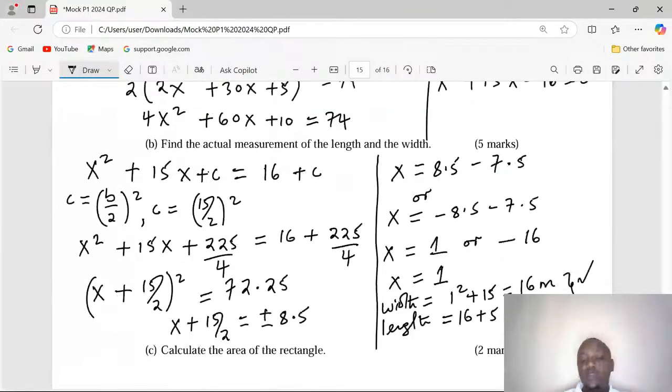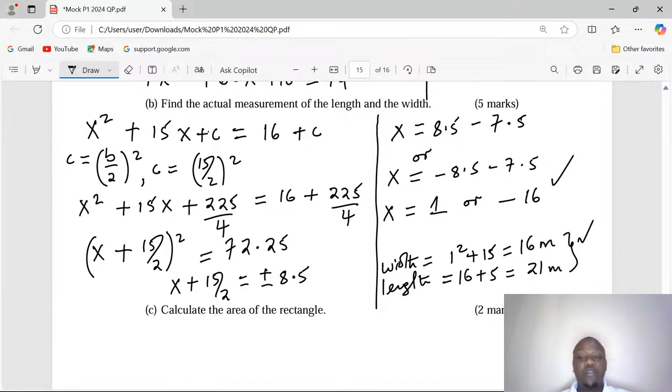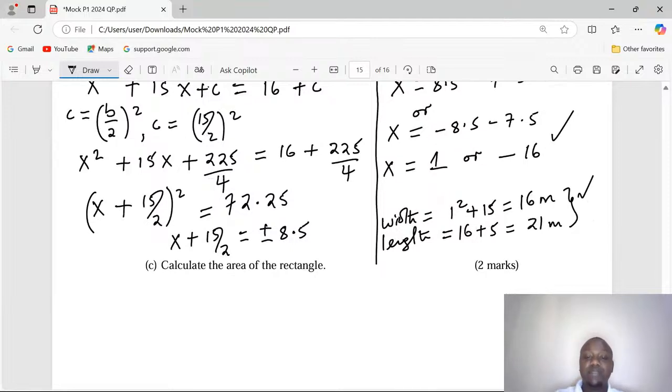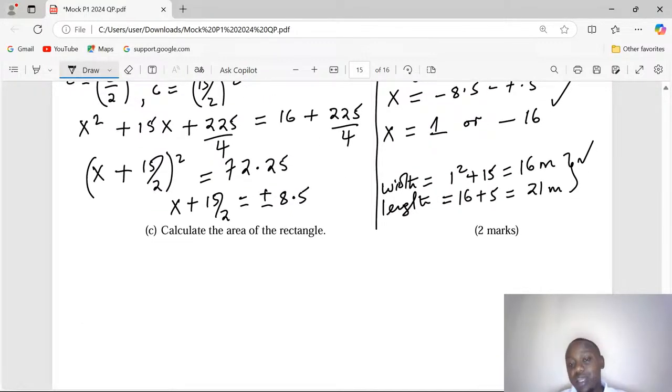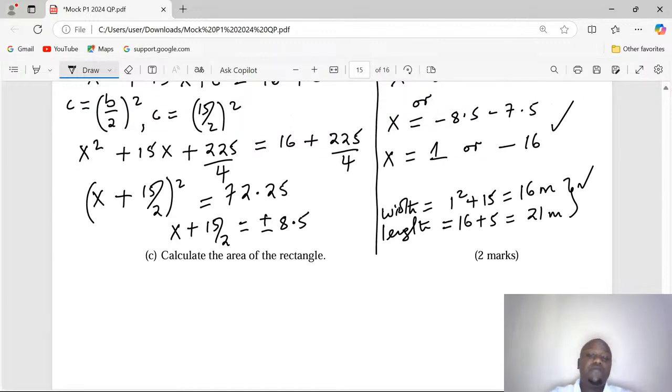So the values of x, actually, we can use any of them. The values of x are either 1 or negative 16. And when we use both of them in the substitution, we will get the same width and the same length. Remember, it is the length and the width which cannot be negative, but values of x, which are just expressions, can be negative or positive.